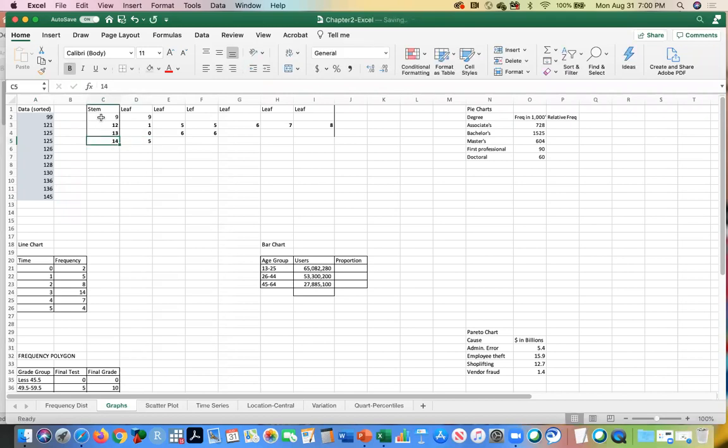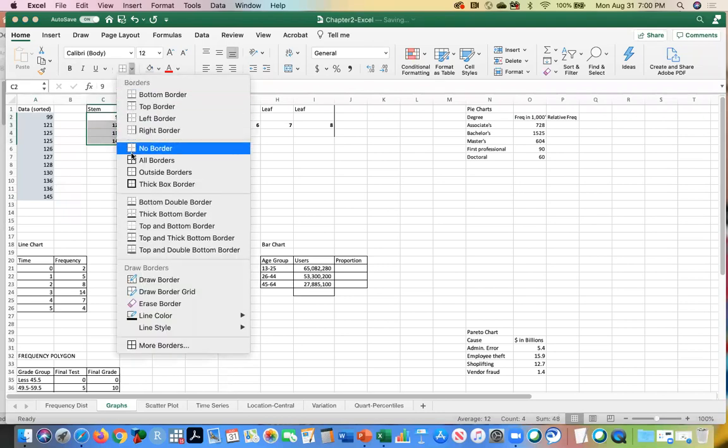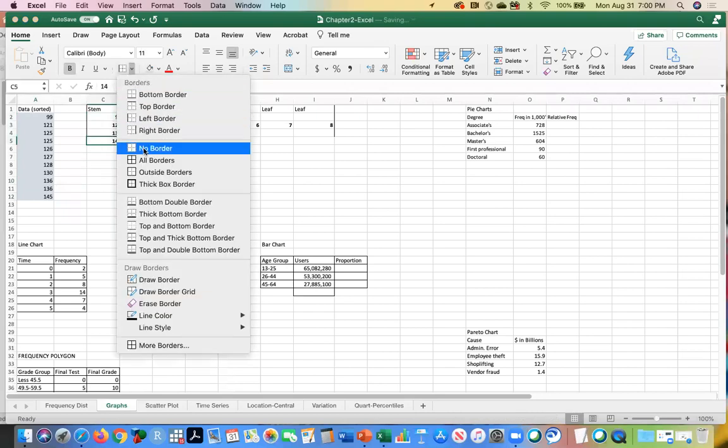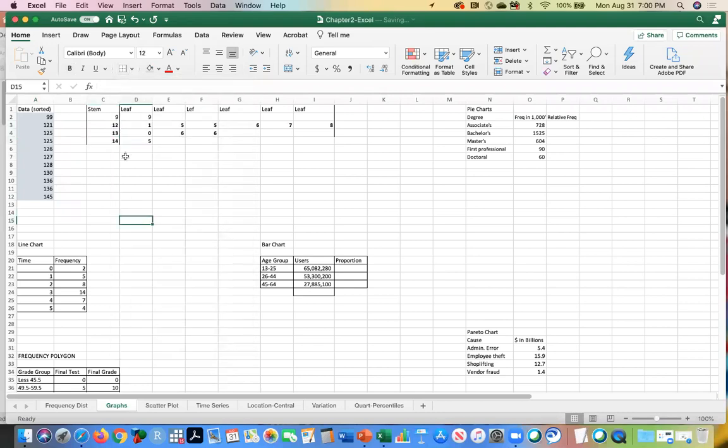So what happens with these things is that we can see what is the most popular, let's say, set of numbers. Whatever this data is representing, the 120s are the most popular elements in this data set.